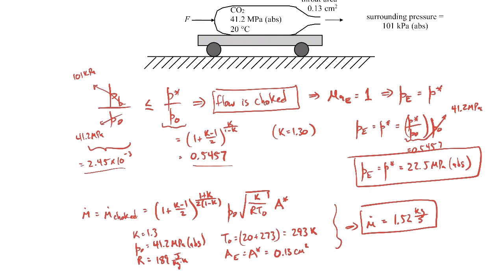And then to find the mass flow rate, we could use the isentropic relations to find the temperature here. So that would be the T over T naught is equal to a function of Mach number expression. So we could get the temperature here, we'd have the pressure here. We could then find the density from that. We would know the area there. We would have the density from the ideal gas law.